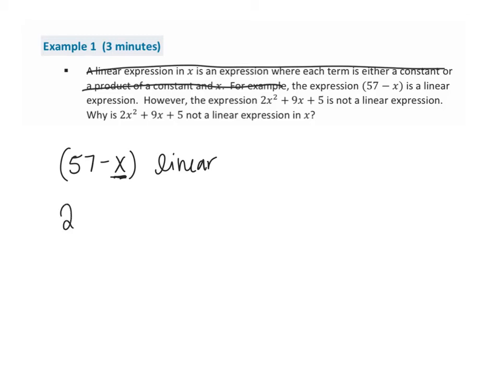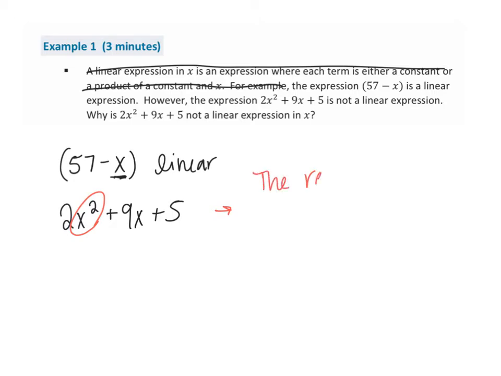However, the expression 2x squared plus 9x plus 5 is not linear. The question here says, why is it not linear? And we should know just from the discussion we had before this that the reason this is not linear is because of this right here. The x is being raised to the second power. The variable has an exponent other than 0 or 1. So I'm just going to explain that in writing.